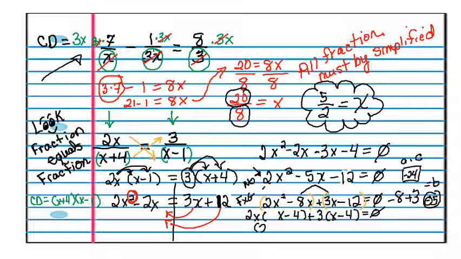So we end up with 2x plus 3 times x minus 4. We're going to set each one of those to 0 so that we can find x: the first guy, opposite sign over the first one, and x equals opposite sign, 4.